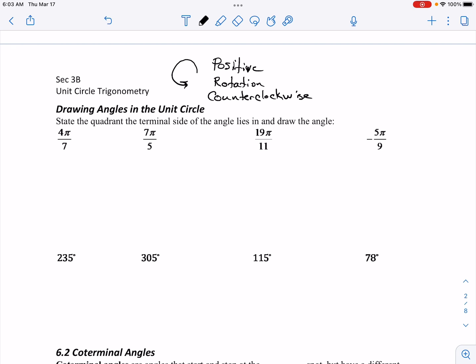Okay, and if we spin clockwise, then we're going in a negative direction.